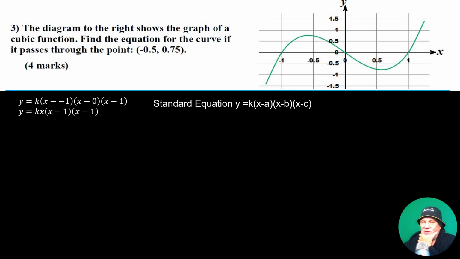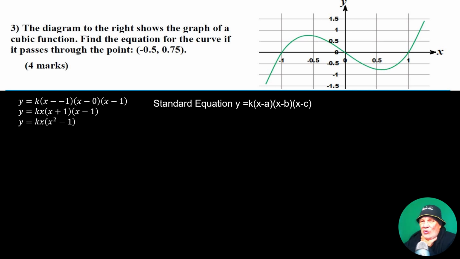Now I look for patterns in these, and I can see a pattern there, x plus 1, x minus 1, and that is the pattern for what we call a square minus a square, or the difference of two squares. And so, in my wisdom or not, you're able to write the equation as y equals k(x squared minus 1).